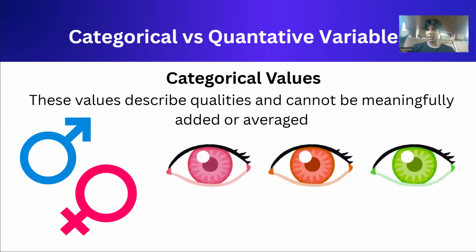You can't really add 3 green eyes plus 3 green eyes, or do any statistical analysis with that. Examples of categorical are male, female, or eye color: there's 7 pink eyes, 3 orange eyes, and 1 green eye.